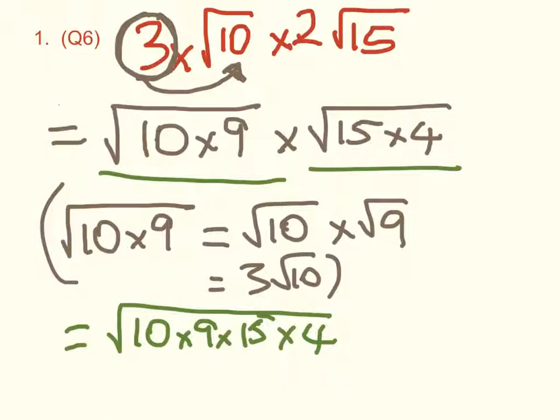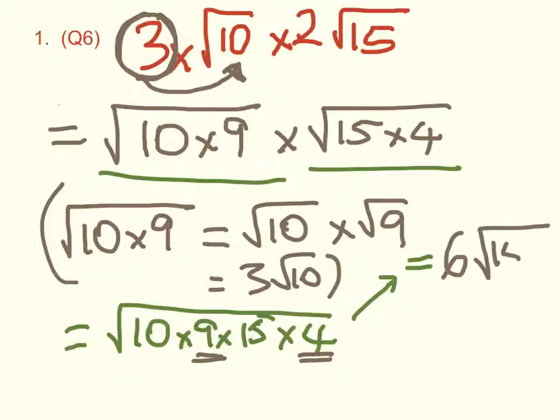So what I'm doing when I solve these problems is I'm looking for perfect squares that I can pull back outside. So this one has got a 9 in there, and it's got a 4 in there. We can go step by step. So that's 36. The square root of 36 is 6. So we have 6 times the square root of 150.